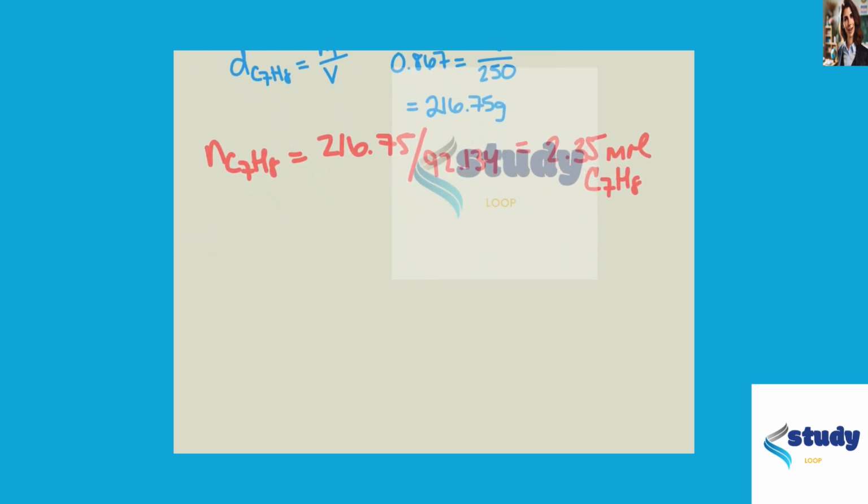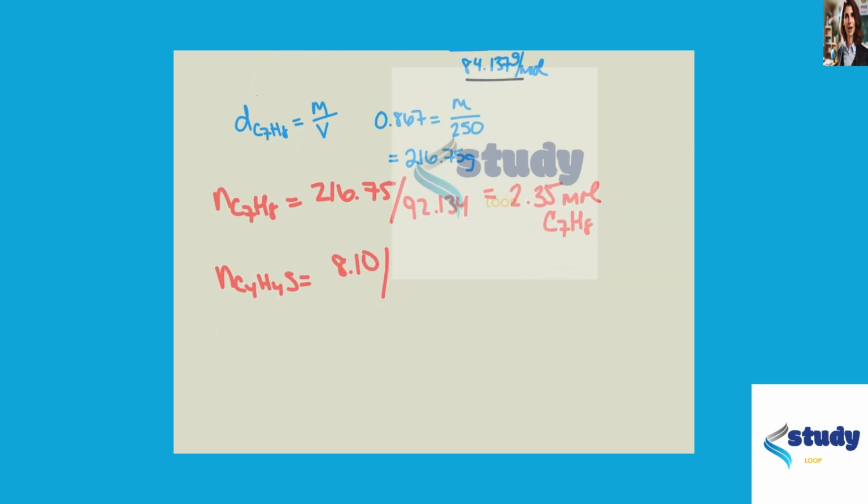And we can do the same thing for our C4H4S. The number of moles of C4H4S is going to equal 8.10 grams, because that's what we're told we had, divided by that molar mass, which is 84.137, which gives us a total of 0.096 moles of C4H4S.